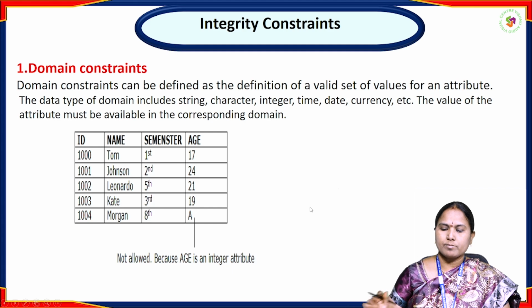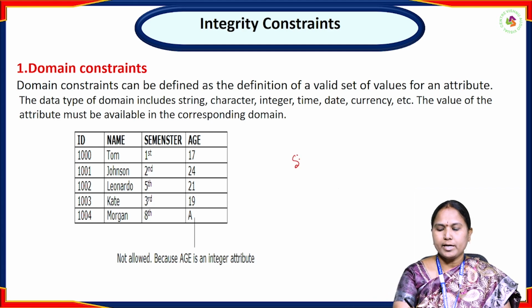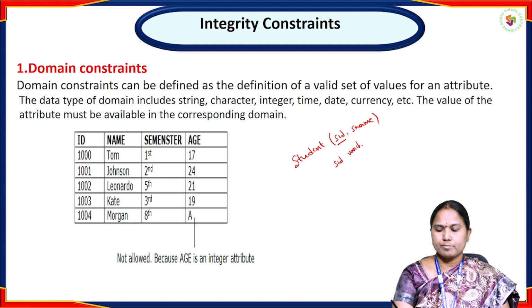What is meant by domain? Suppose here I am taking a student table. Under student, SID and name are the columns present. Under SID, suppose we mention the varchar data type, varchar of 10. That means whatever data type and size is assigned to a column is called its domain.